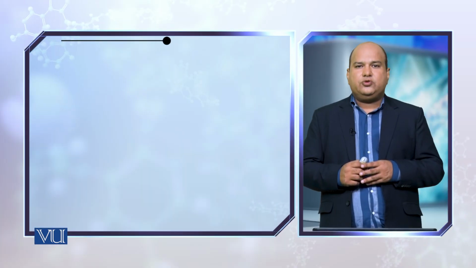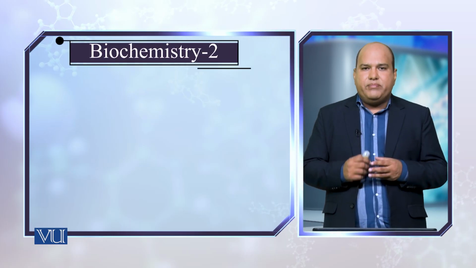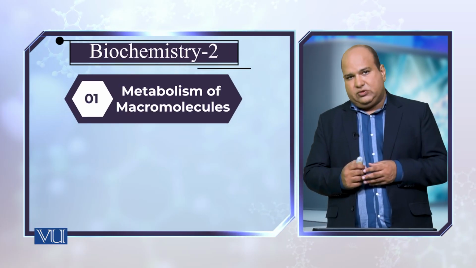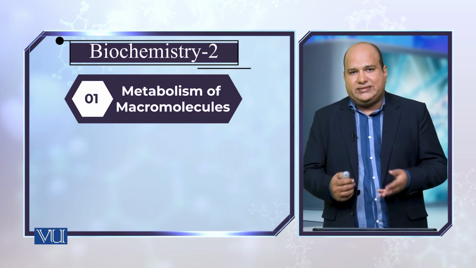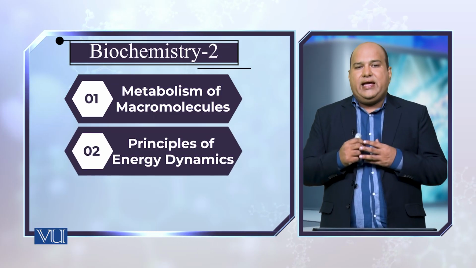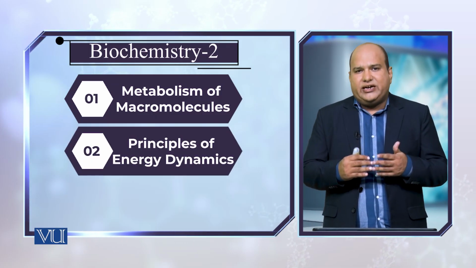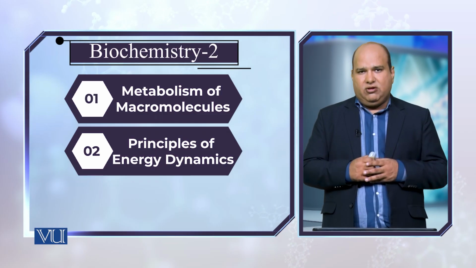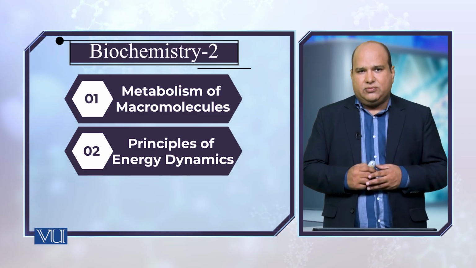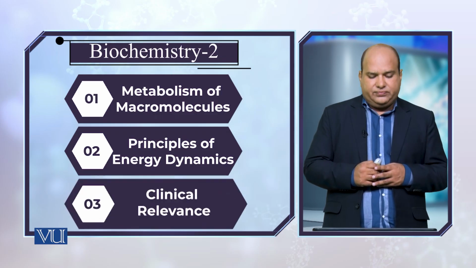While the Biochemistry 2 course deals with the metabolism of these macromolecules, how they get metabolized, and the principles of energy dynamics, the bioenergetics of the metabolism of these molecules.